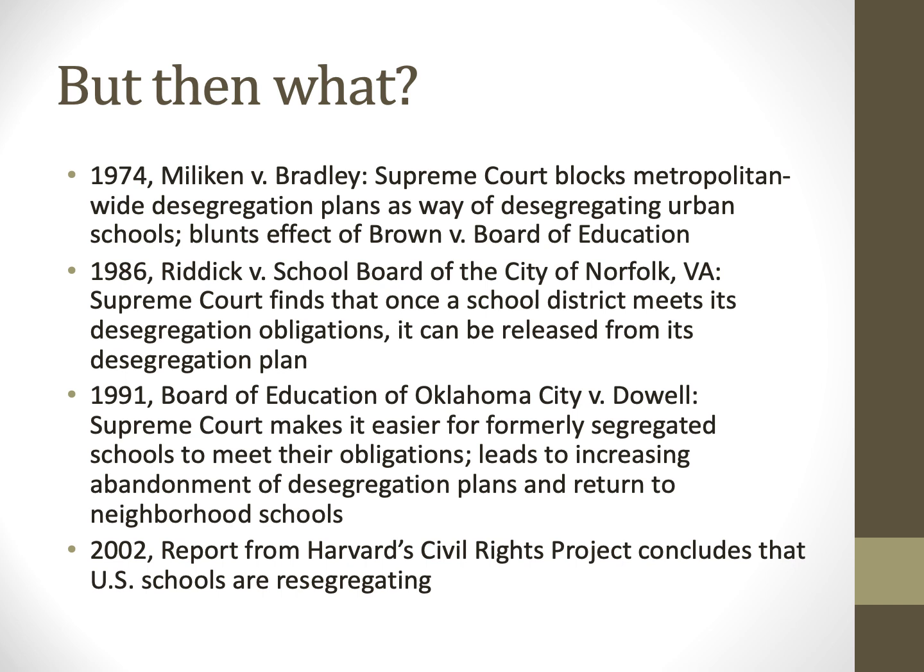So as long as it got there once, then it could stop having to be assessed on an ongoing basis in terms of its desegregation efforts. And then in '91, there was a follow-on case which made it even easier for schools to meet their obligations and therefore be released from their desegregation plans.